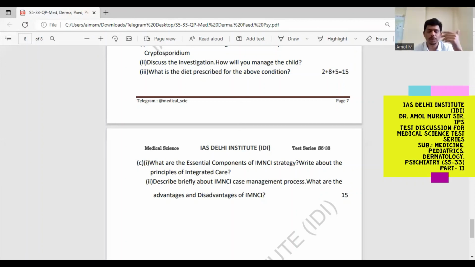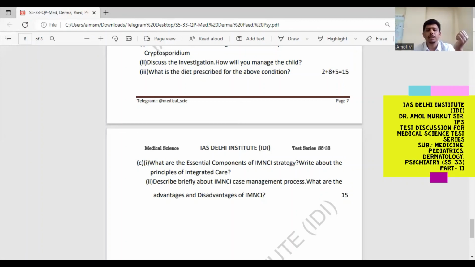Then advantages: multiple diseases are screened, the ground level staff or first contact staff such as ASHA, ANM workers can screen the child, then effective early treatment, then complete analysis of nutritional and immunization status, then preventing child mortality, improving the overall health of the child.